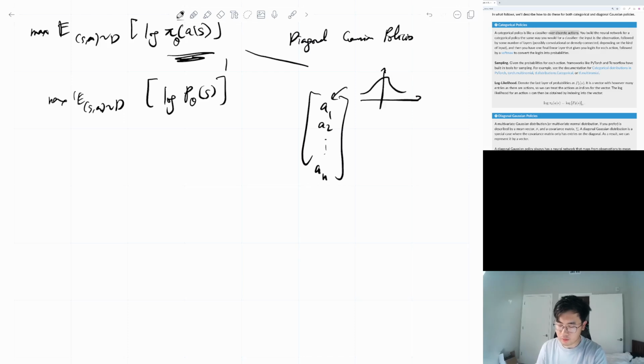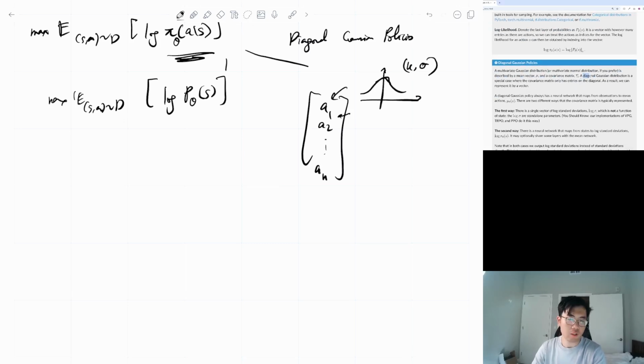We don't know the parameters of this Gaussian, but we can have a neural net, because a Gaussian is just parameterized by mu and sigma, where mu is the mean and sigma is the variance. Given these two numbers, you know how to sample from a Gaussian, and you do that for each of these dimensions. I think that's what a diagonal Gaussian is. It's a special case where the covariance matrix only has entries on the diagonal, which basically means that each variable is independent of the others.